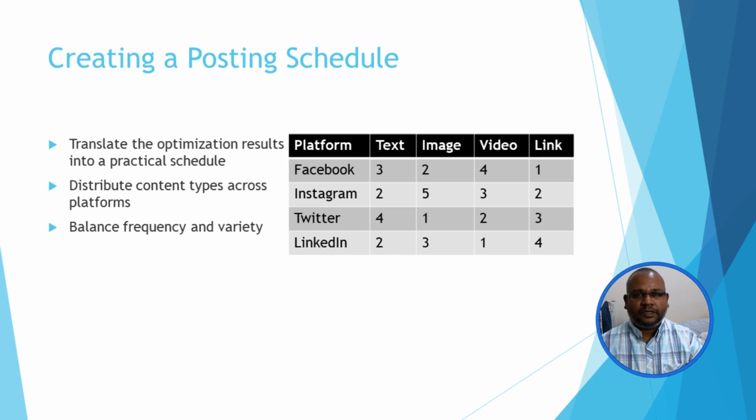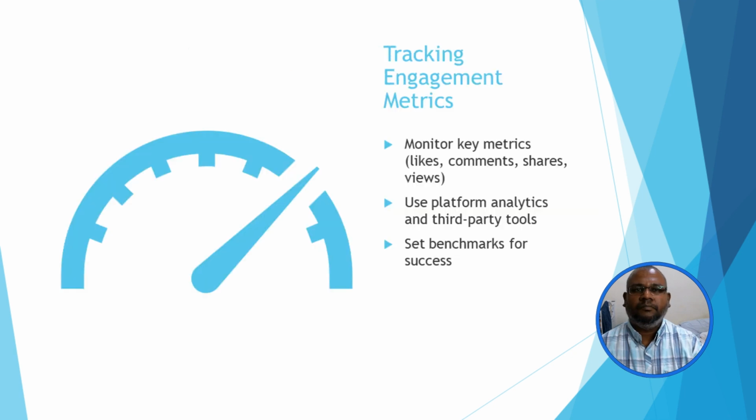In this final section, we will discuss how to implement the optimized strategy and monitor its performance. We will look at creating a detailed posting schedule, tracking engagement metrics, and making data-driven adjustments to continually refine our strategy. Let's dive in.